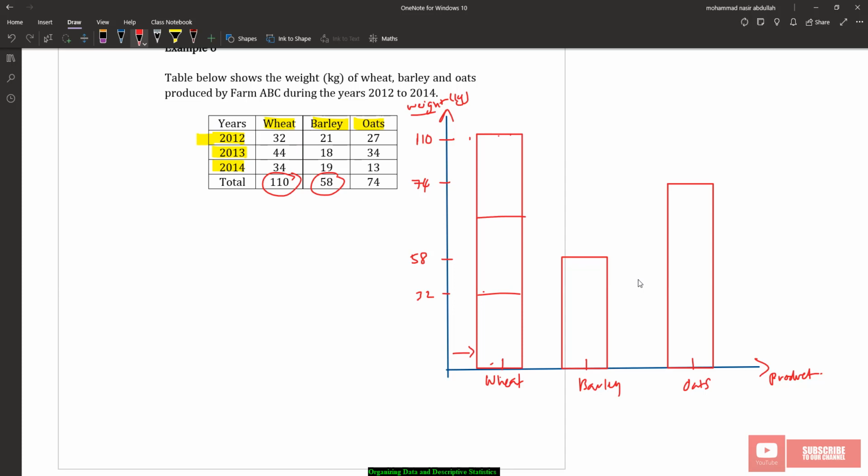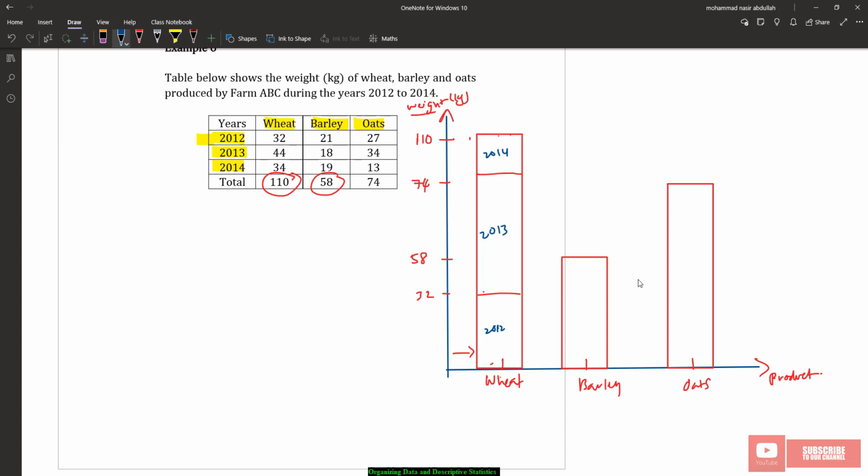Let's say this is 44. 44 means 32 plus 44 should be 76, or somewhere here. 76 here. Alright, so this is representing 2012. This is representing 2013 and 2014. This is how we do a stack bar chart, or component bar chart.